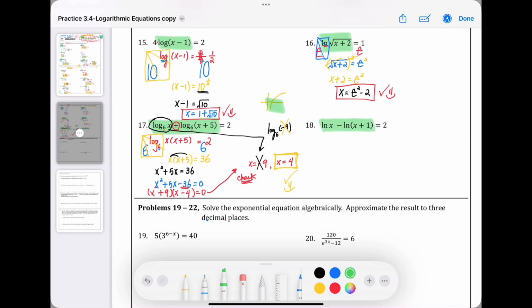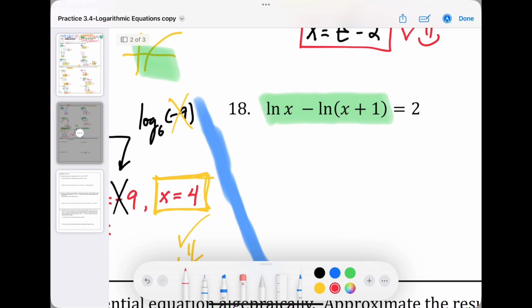Last one. All right, it's my trouble ready for me. You may say that's too much. You are correct. So let's go. We mentioned all about a base. When the base is the same, we do the business. Minus means subtract. So I can say natural log of x divided by x plus 1.